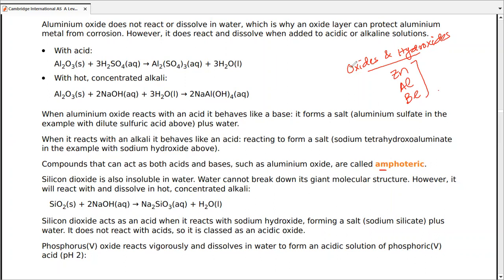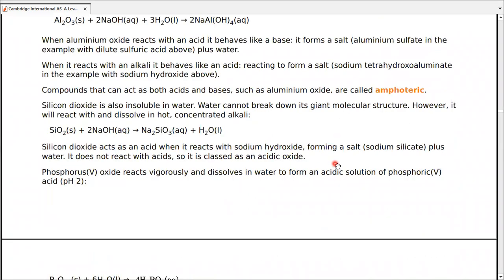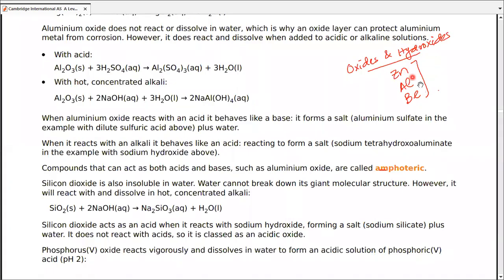Moving on, silicon dioxide is also insoluble in water. Before I move ahead, let me clarify. I have mentioned these so that if you need to write a reaction of zinc oxide with an acid or an alkali, you should know how to do that. Or zinc hydroxide, or aluminum hydroxide, or beryllium oxide or hydroxide for that matter.